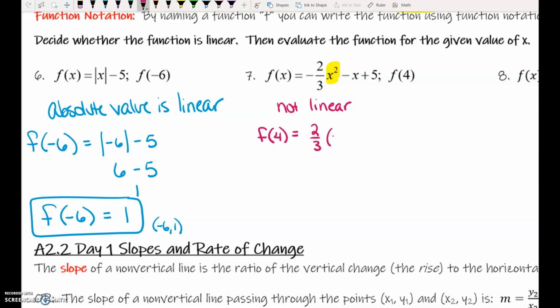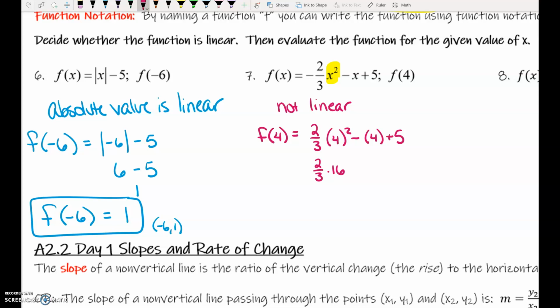2/3 times 4 squared minus 4 plus 5. And you could absolutely plug this into your calculator if you wanted to, or you could do some mental math, whichever you want to do. 4 squared is 16. 16 times 2 is 32. 32 divided by 3, of course, it's not a nice number.